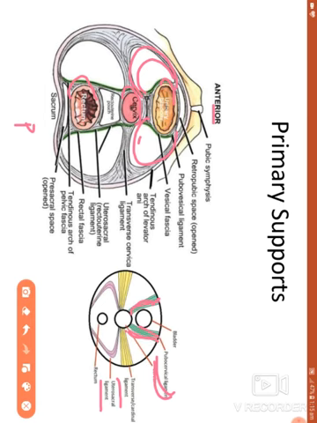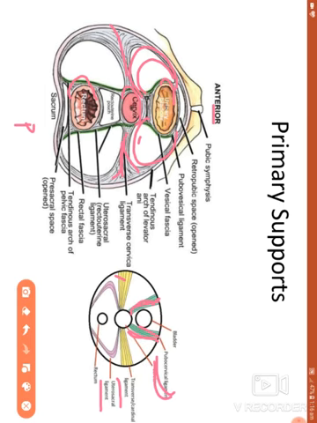Then from the cervix, this is the cervix, laterally towards this pelvic wall, this one forms the transcervical ligament. So this is the transcervical ligament. This yellow color, that is the transcervical or cardinal ligament or Mackenrodt's ligament.